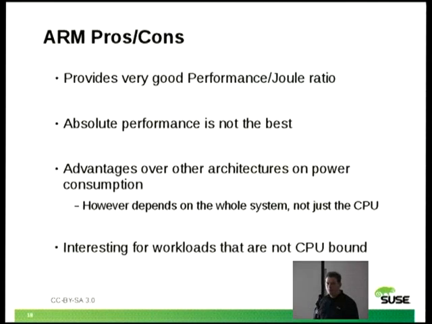It still seems to have quite a decent advantage over other architectures when it comes to power consumption. If you're thinking about a workload that is not primarily CPU bound, so anything with network I/O, some crawling, indexing, whatever, that can scale out, maybe web load or something like that, then it seems to be quite interesting because the power consumption overall seems to be quite low.